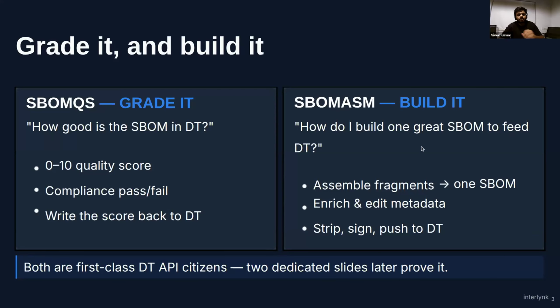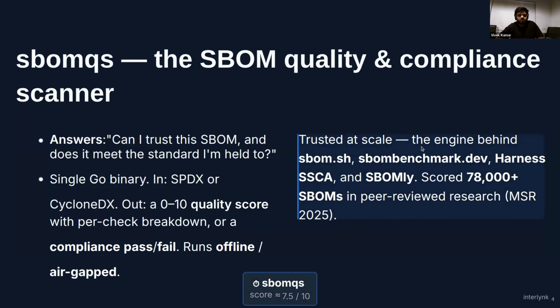So yeah. Now coming to SBOM QS. This is an open source CLI built in Golang, and it is specifically used for SBOM quality checks and compliance checks. Under the hood, it performs various checks, and on the basis of that it gives you the score.